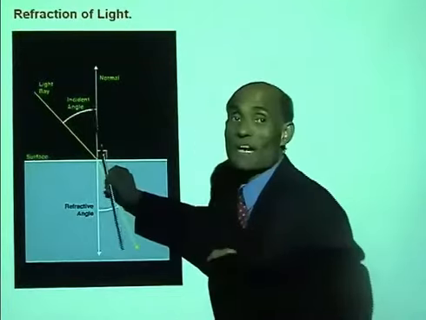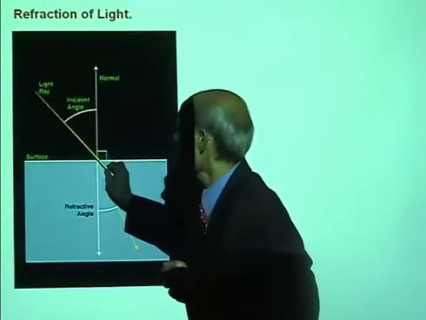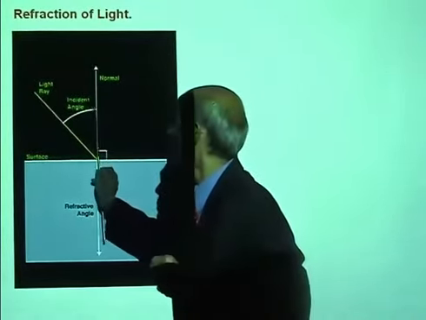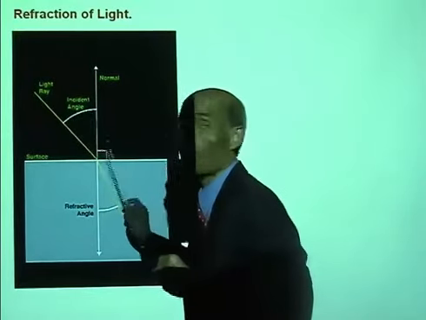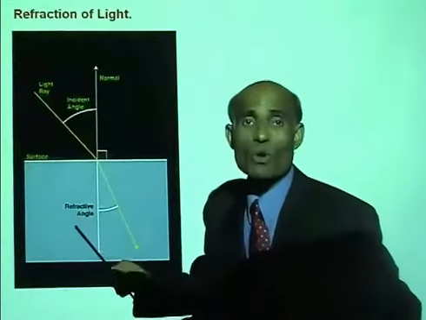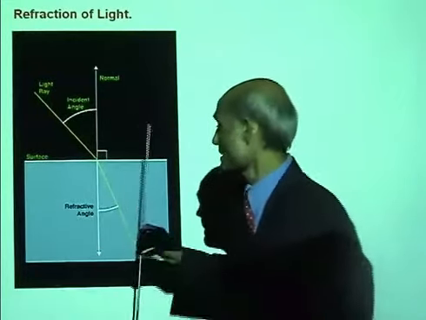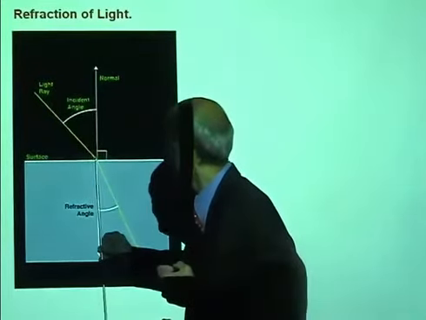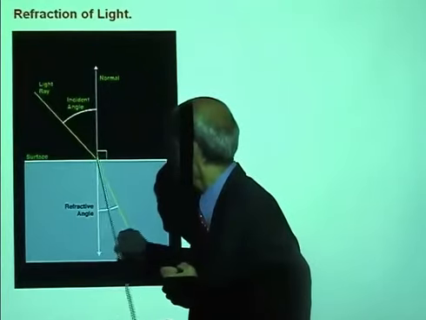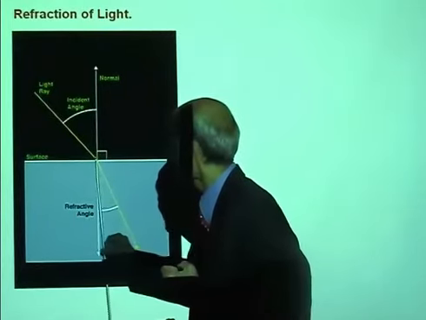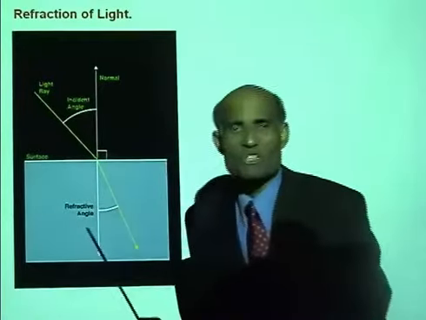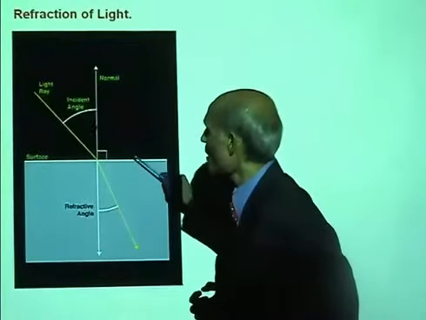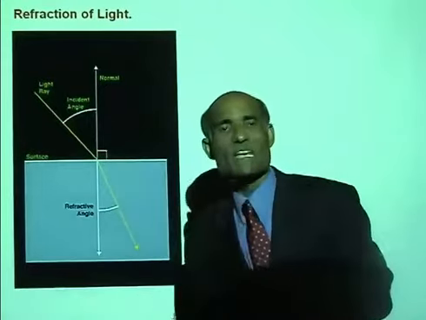If you measure the angle between the incident ray and the normal, it is called the incident angle or the angle of incidence. Similarly, if you measure the angle between the normal and the refracted ray, that will be called the angle of refraction. Now tell me, which of these angles is greater?